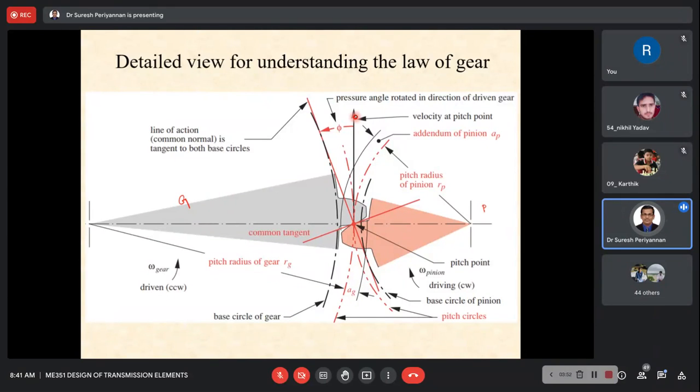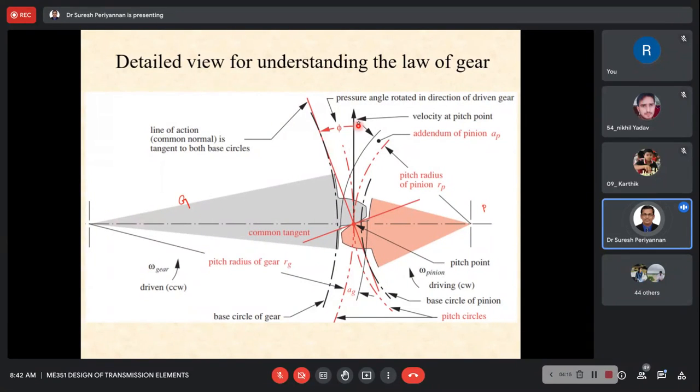That we also discussed. This velocity at the pitch point, we discussed, comes from the two common vectors, the velocity of the gear and the velocity of the pinion. From that, we were able to draw that point. We discussed this in the last class. Now I am taking this perpendicular line from the pitch point.